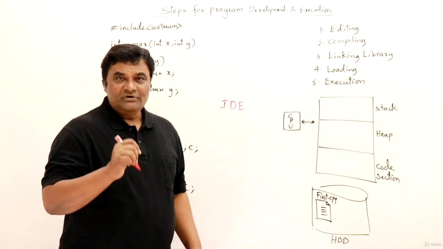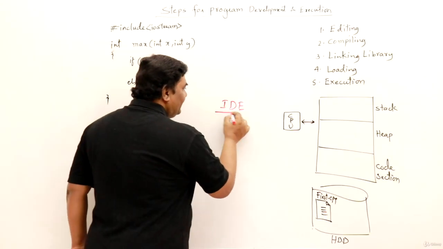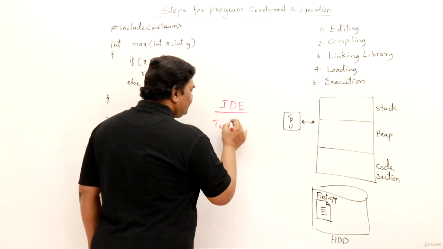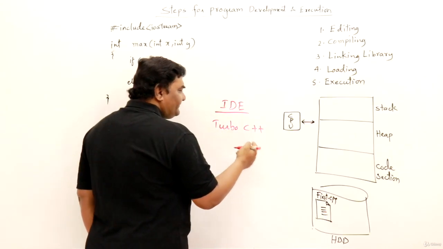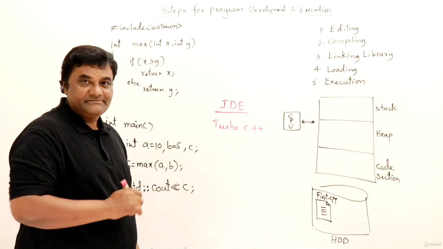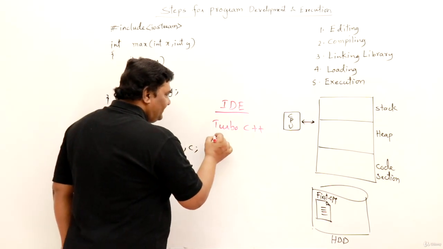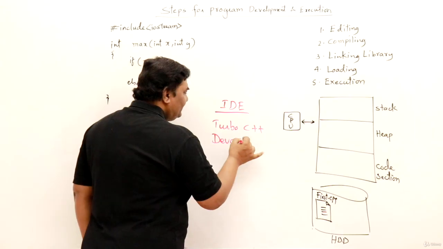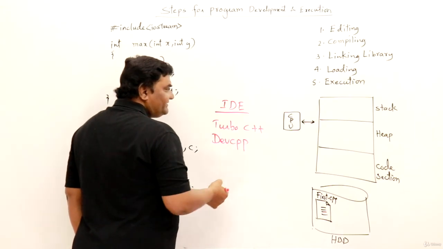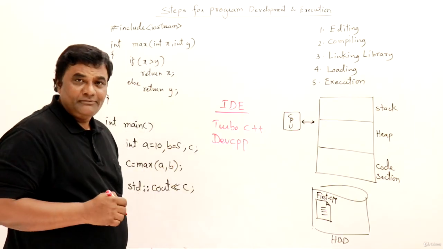To name a few IDEs, for C++ we have Turbo C++. This works for C language as well as C++. Then we have Dev C++, Dev CPP. This is also for C++ as well as C language, both the languages it supports, right?